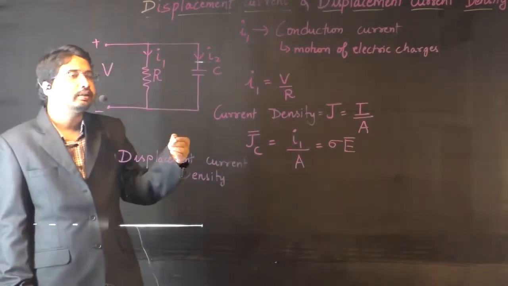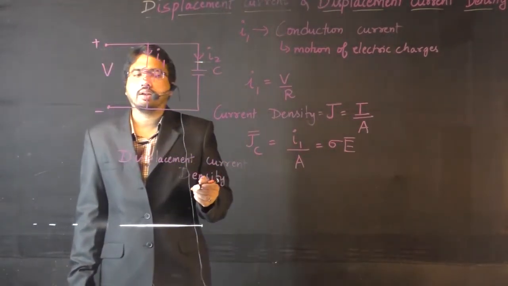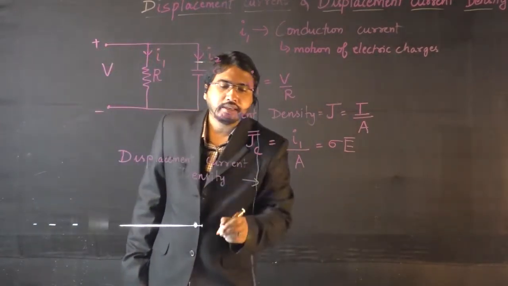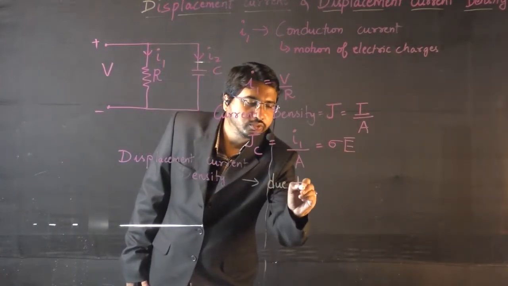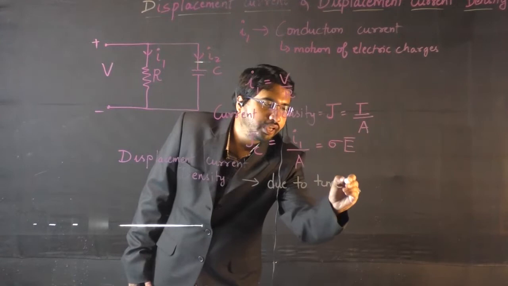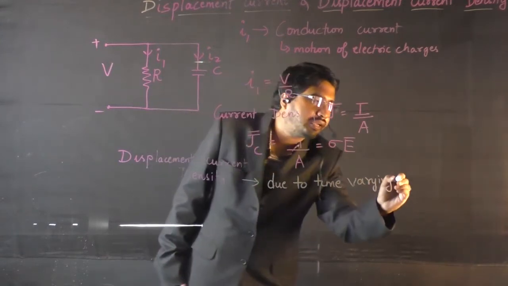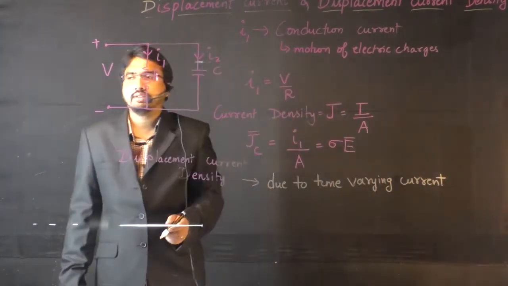Our fifth unit is time varying fields. Time varying means that particular quantity will be continuously varying with respect to time. The current density which is produced due to time varying current is called displacement current density.